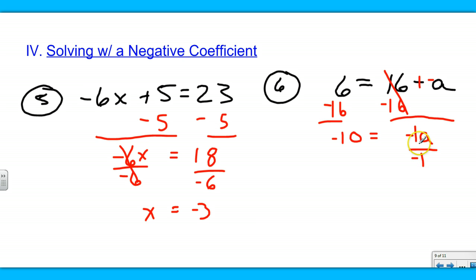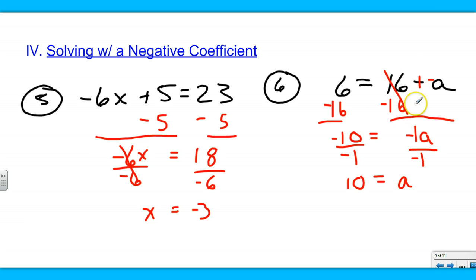And when we have negative 1 over negative 1, we end up with a positive 1, don't we? We'll also have to divide the left side of the equation by negative 1. Okay? And so now we have 1a, nicely positive, equals, what is negative divided by a negative? You got it, a positive, positive 10.